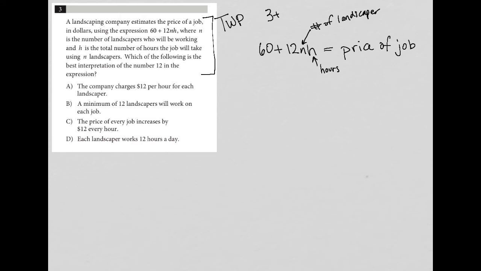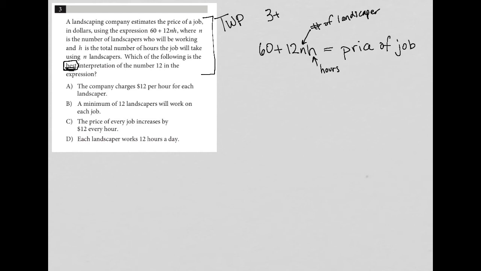So anytime I see this word best, I think to myself, I need to read all the answer choices. There might be one or two that seem good, but there's going to be one that is the best one, right? That's how I interpret that word. So I'm going to go through and first of all, just keep the answers that make sense, get rid of anything that doesn't make any sense at all, and then we'll see which one emerges as the best answer.